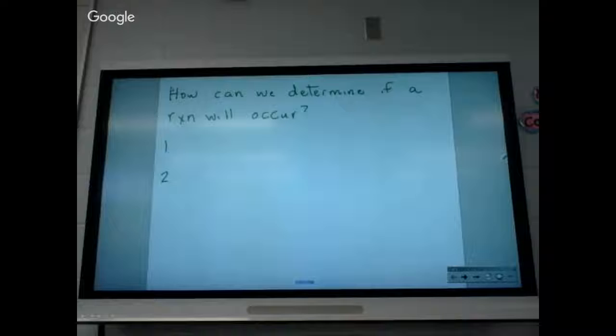So what did we do when we did balancing equations to decide if the reaction would occur? Anybody remember anything we did? We used our reference tables. We looked something up on the reference table. How do we decide if a reaction will occur?